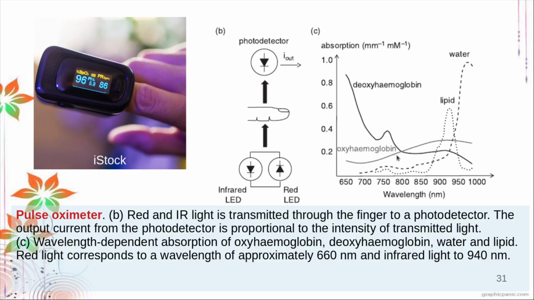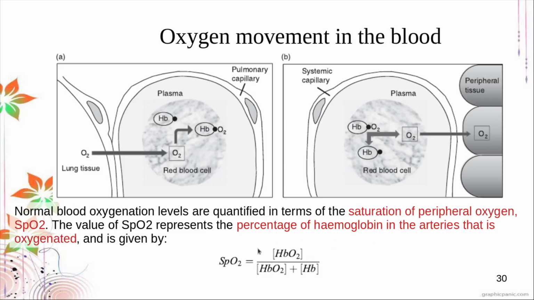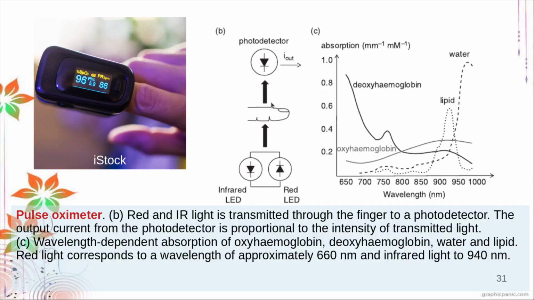Oxyhemoglobin has a slightly lower absorption in the red region, while deoxyhemoglobin absorbs across the IR range. That's why you have two lights: one, the red light, for picking up the amount of one form, and the other for picking up the other. So that the SpO2 can be calculated from this general equation. This is the reason why you have two lights there.